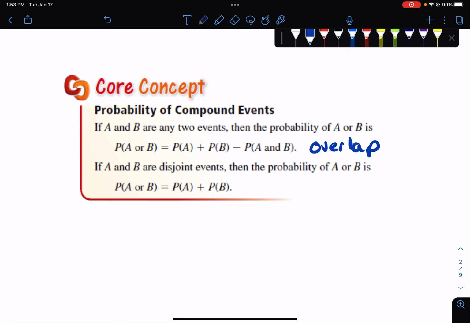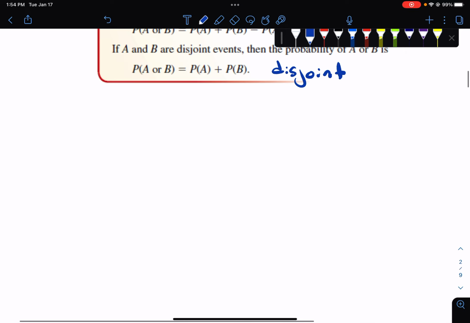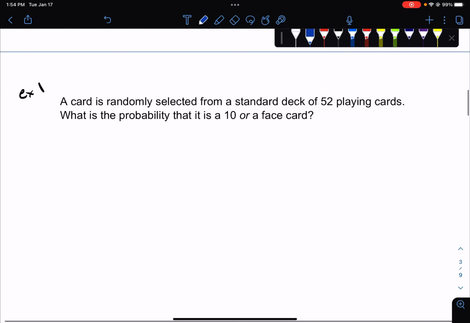If it's a disjoint event, meaning they both can't happen at the same time, then you're going to use this second formula, which just makes you add the probabilities together. There's nothing to subtract because nothing overlaps and gets counted twice. Okay, so let's show you what that looks like. The examples make it a lot easier to see what's happening here.